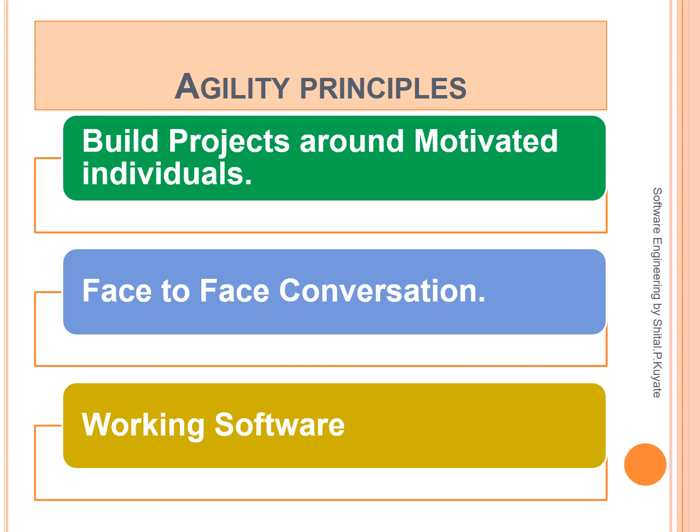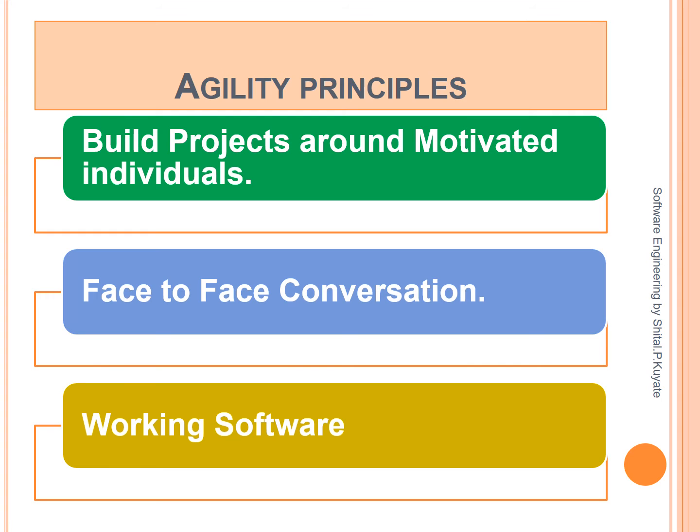Give them the environment and support they need and trust them to get the job done. Then, very important, the most efficient and effective method of conveying information to and within a development team is face to face conversation.